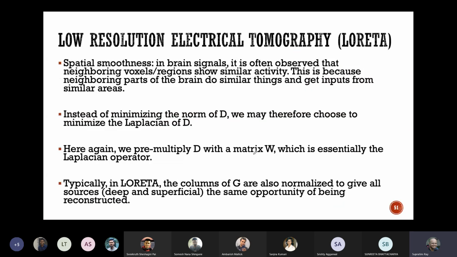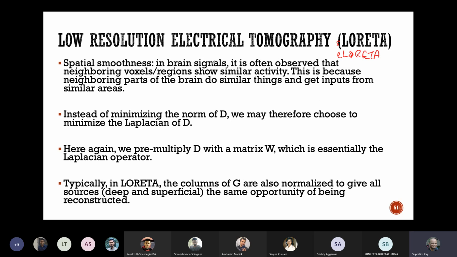This is what is called Loretta, which is a very popular algorithm in the field. There are variants of this called S Loretta or E Loretta as well. If you are interested, you could try one of these out. Could be your project, grant proposal project as well.